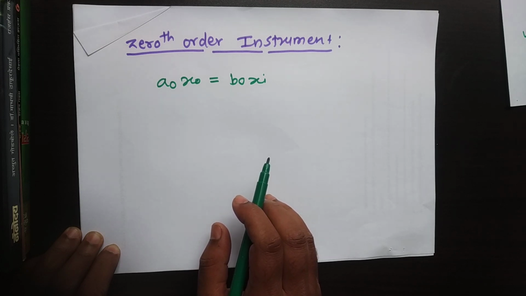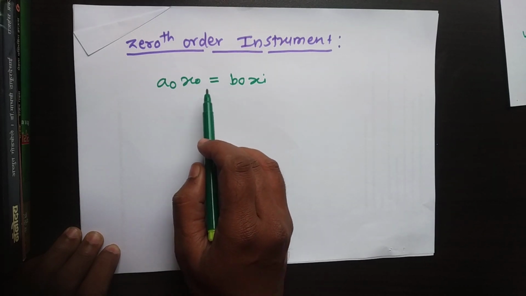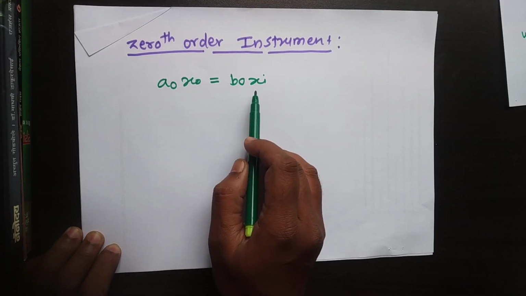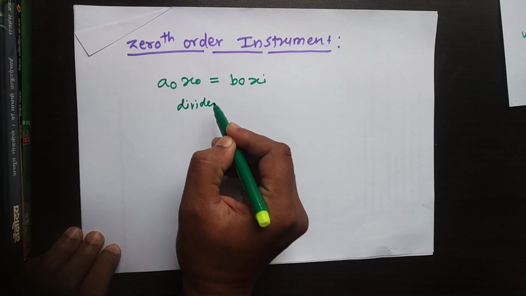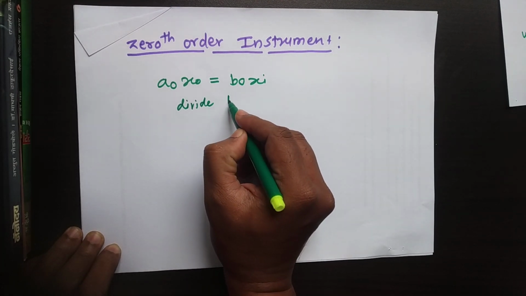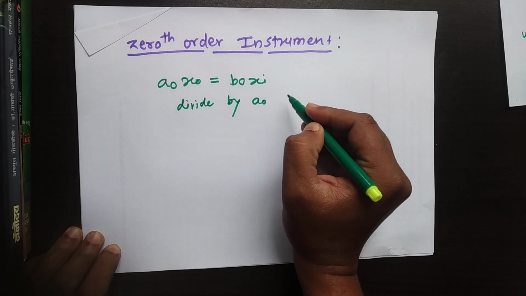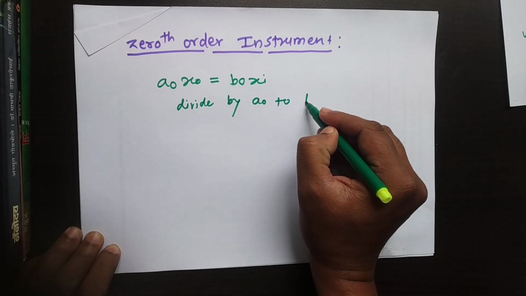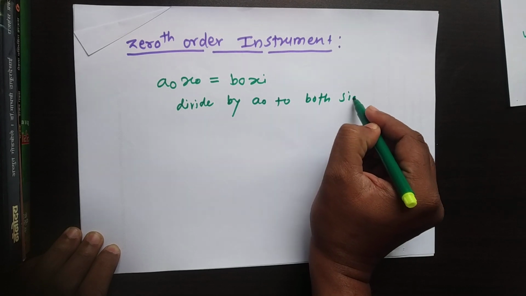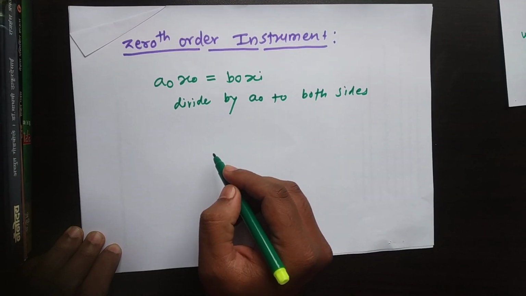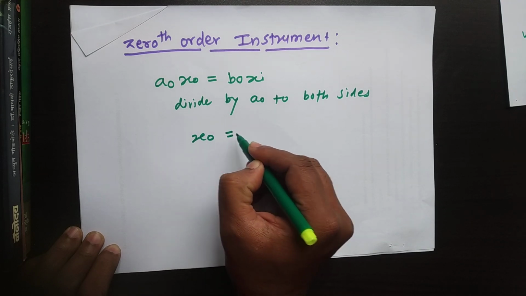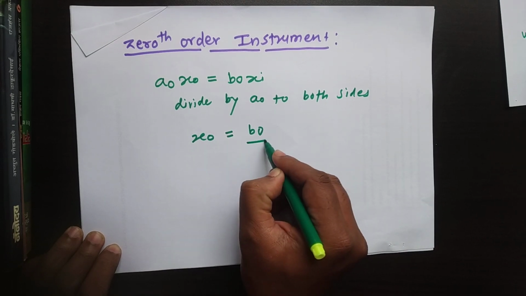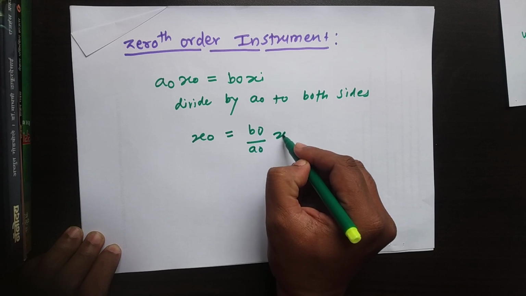So our equation 1 becomes a0 x0 is equal to b0 xi. So if we divide by a0 on both sides, we'll get something like this. x0 is equal to b0 by a0 xi.